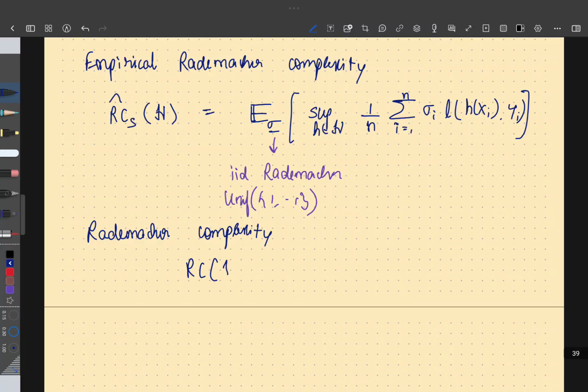I'll denote this RC of H, with a subscript n to denote that it is parameterized by the number of samples that you have. This is nothing but the expectation over S of RC hat S of H.